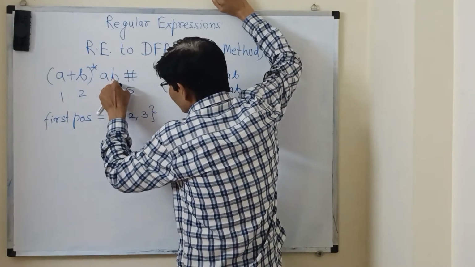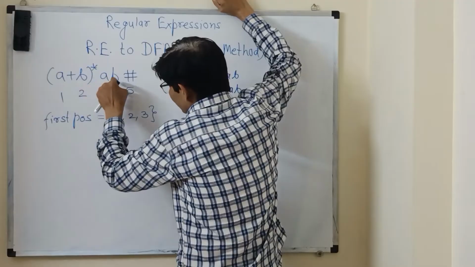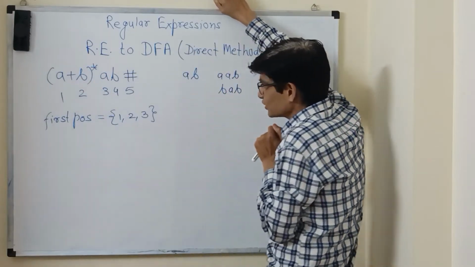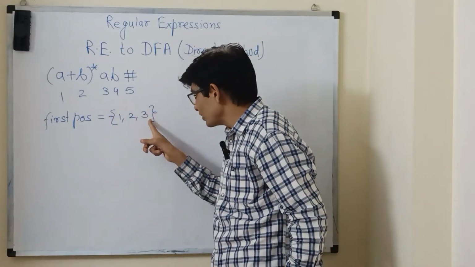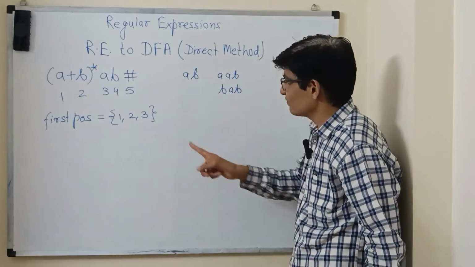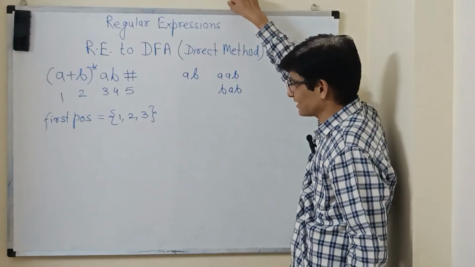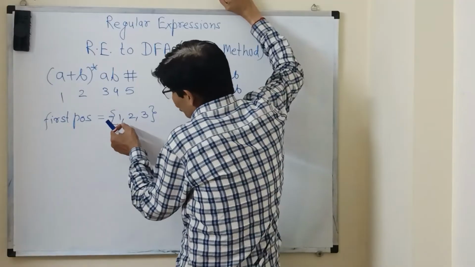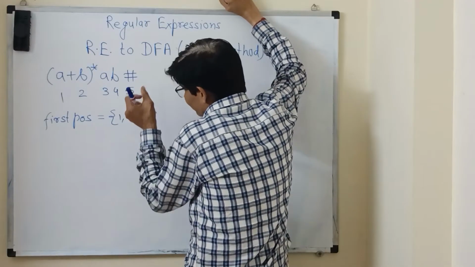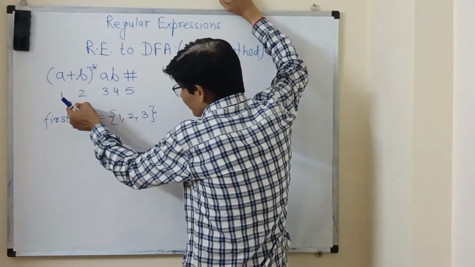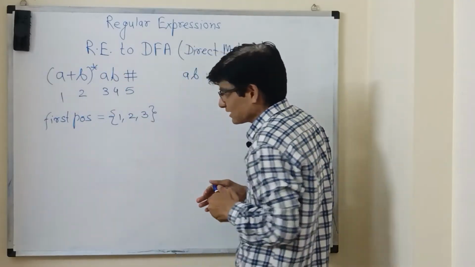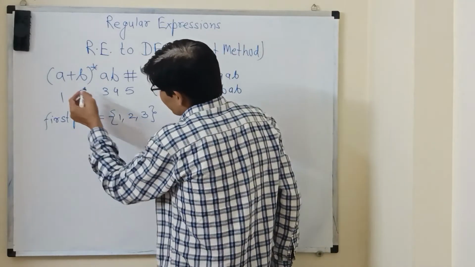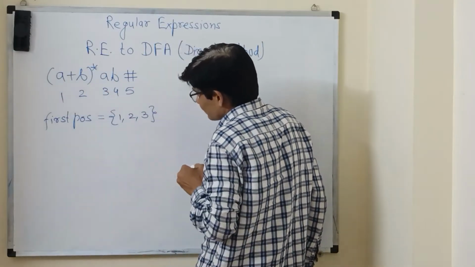So b cannot be at the first position in any string from this regular expression, so we have not included it in the first pos set. So all possible symbols are 1, 2 and 3. We create the set of numbers assigned to input symbols, as I told you in the definition. Now this is found for the complete regular expression.